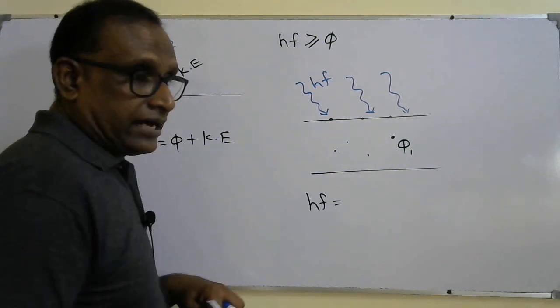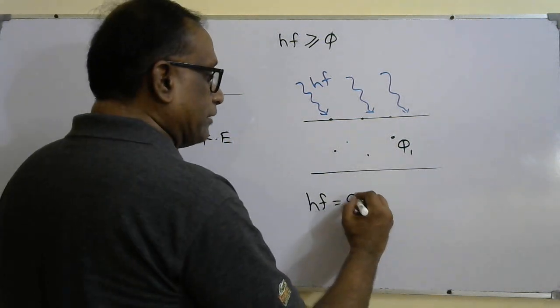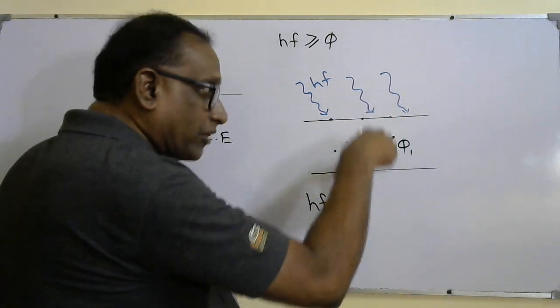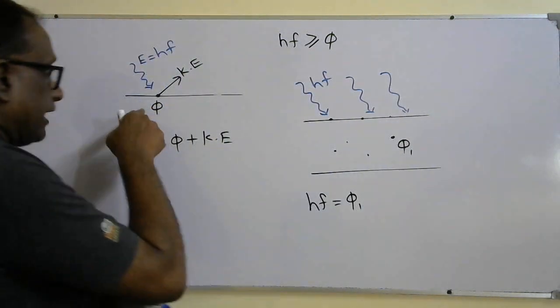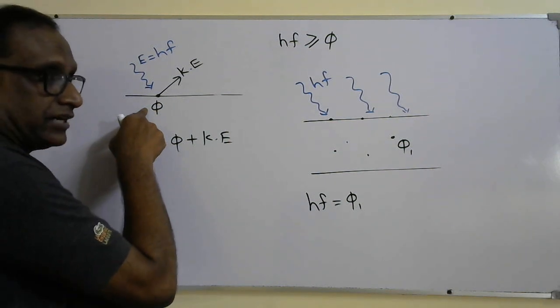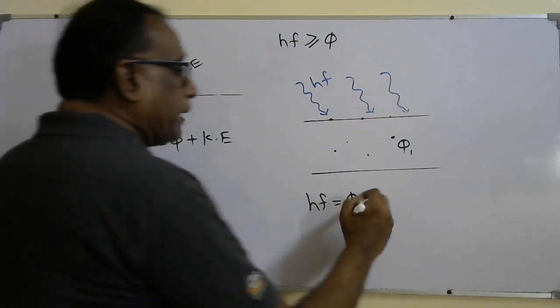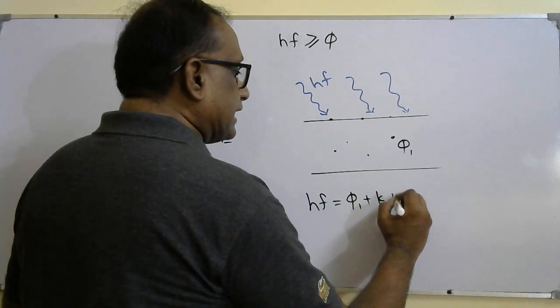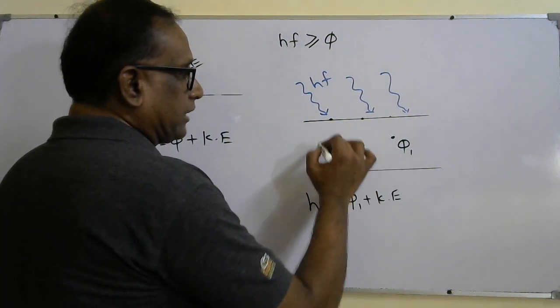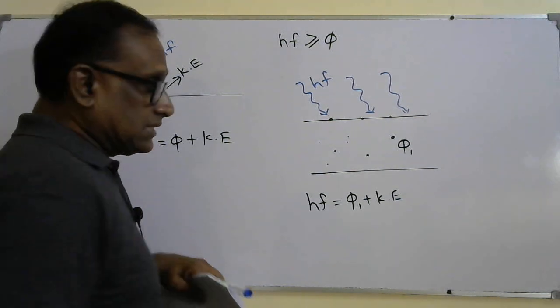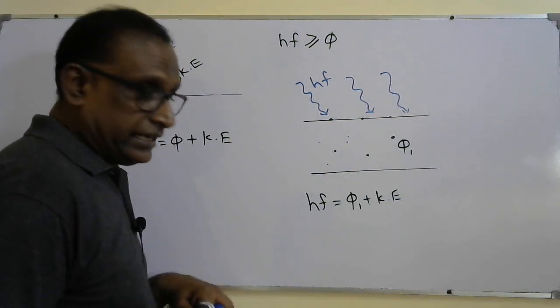There also it will share it. Phi 1 is the minimum energy required to remove an electron from the inner part of the metal. Anyway, phi 1 will be greater than phi, where phi is the work function for the surface electron. The balance will be given as kinetic energy. So it could be different for different parts of the inner electrons; to remove the electron, the work functions could be different.